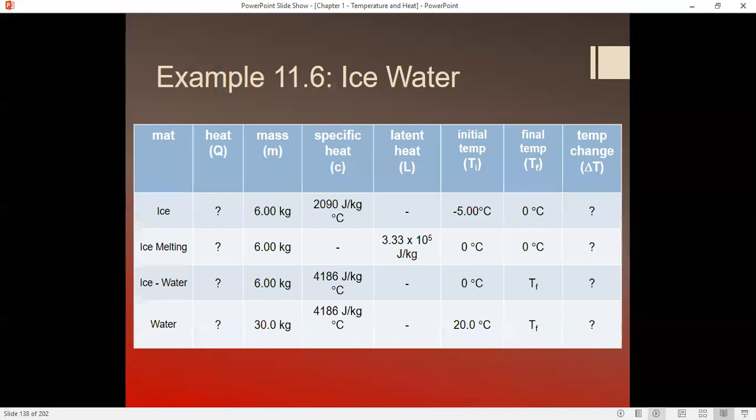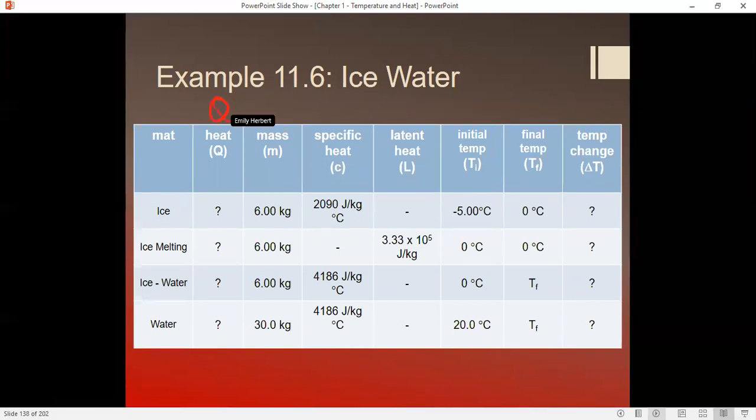Well, let's set up our table just like we did in the previous section. Okay, I have the ice heating up, I have the ice melting, and then once the ice is melted, it's going to heat up to the equilibrium temperature. Notice how I've set up this table, just like before.